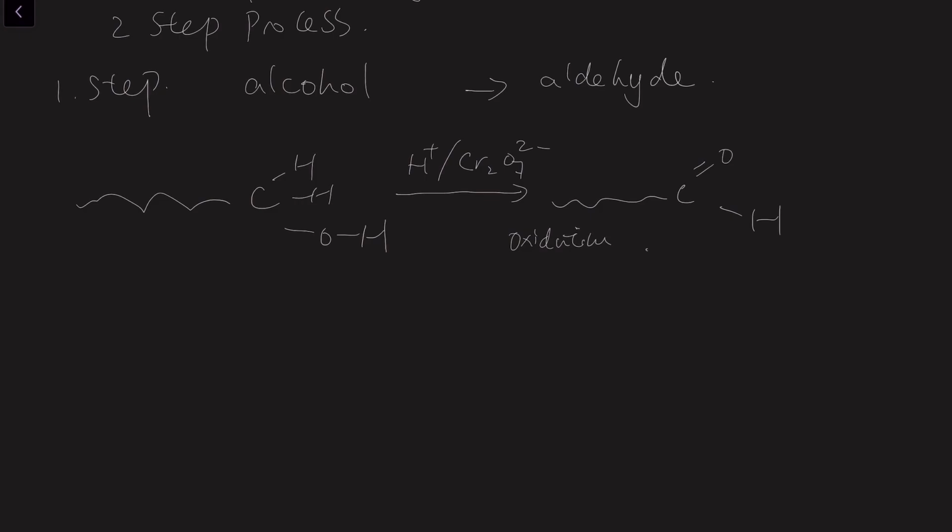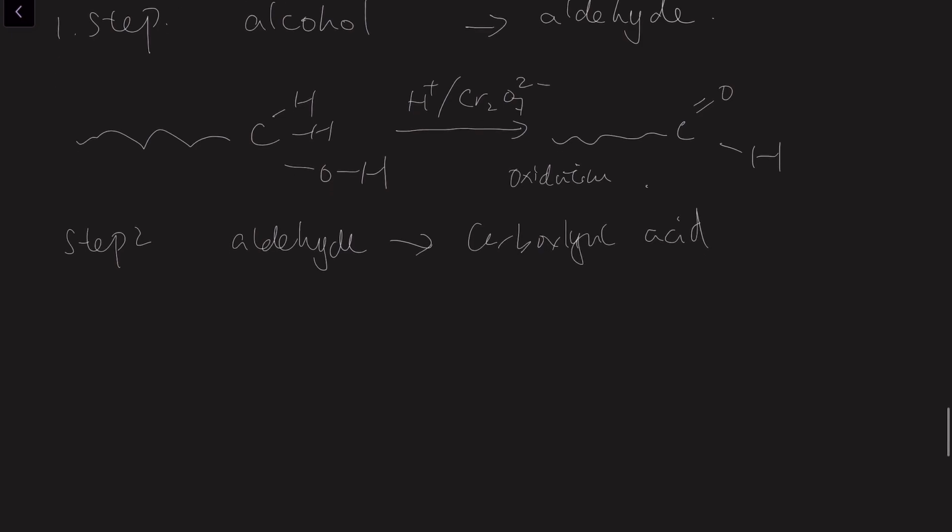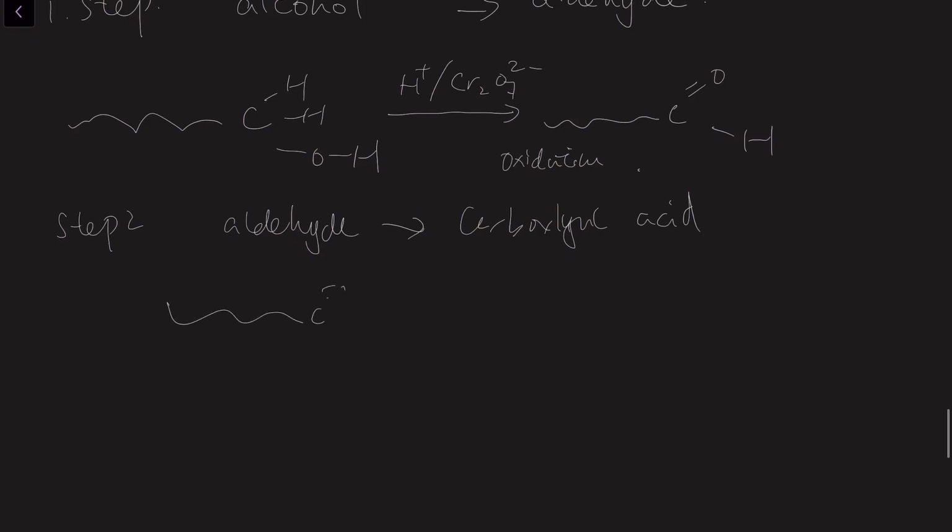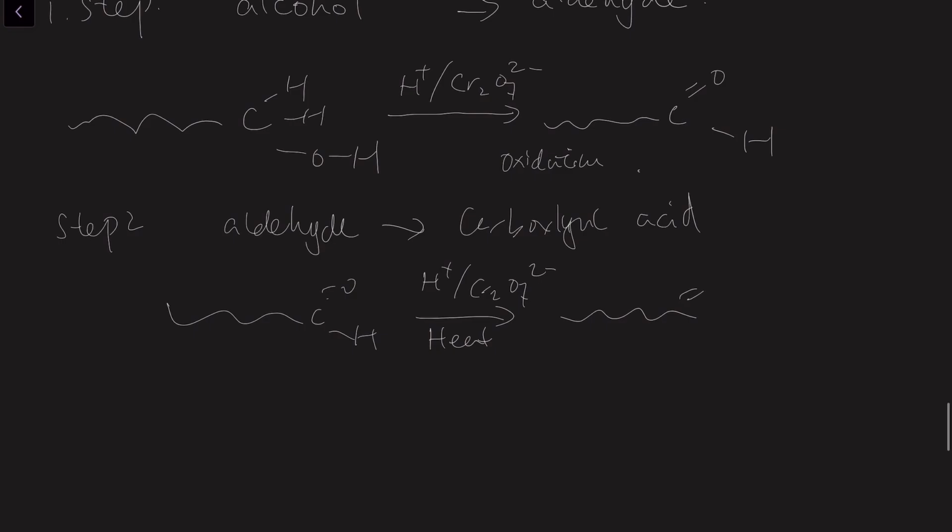And step 2 is we go from aldehyde to carboxylic acid. So we have COH, again with the same catalyst, this time with heat, to produce COOH.